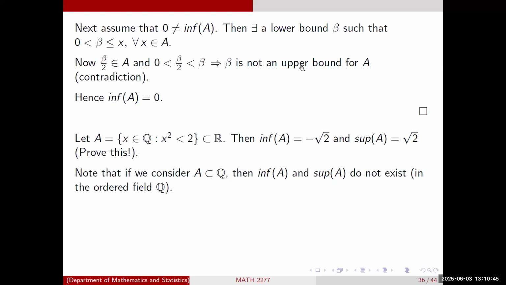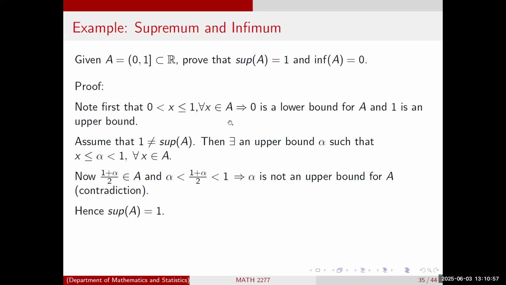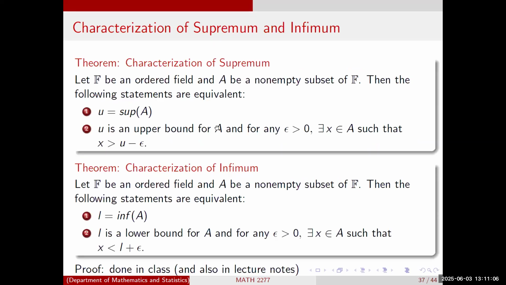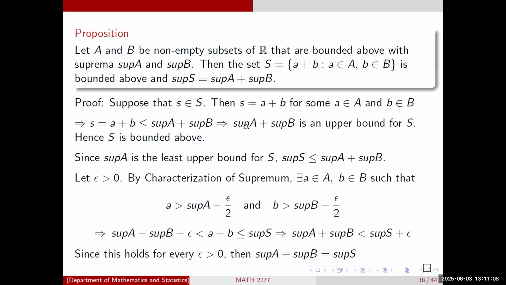So beta is not a lower bound for A, and this is a contradiction, so that means that the infimum is equal to 0. So this is an example of one way you could prove this for an interval. Of course, for different questions, it will depend.